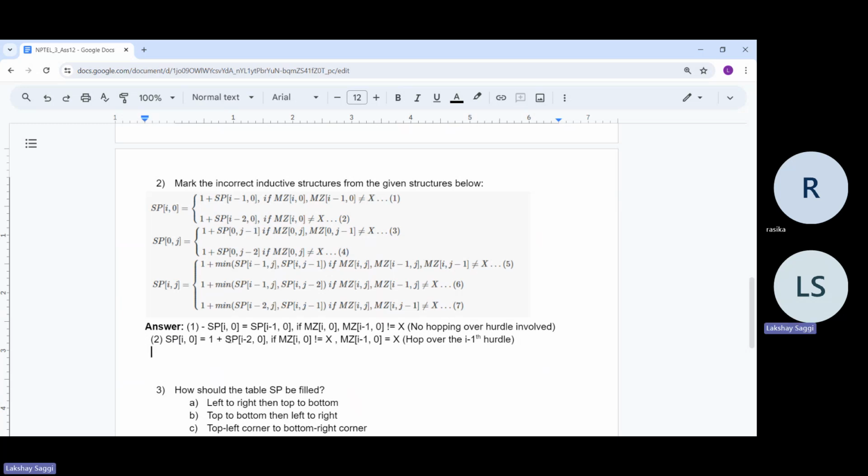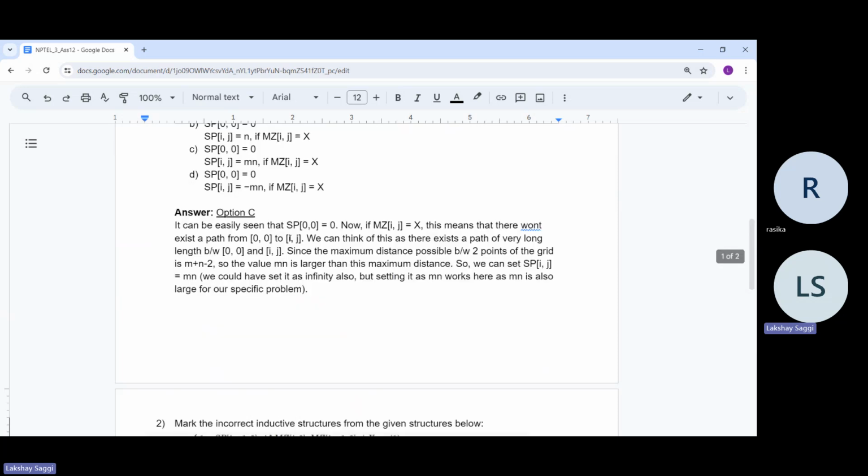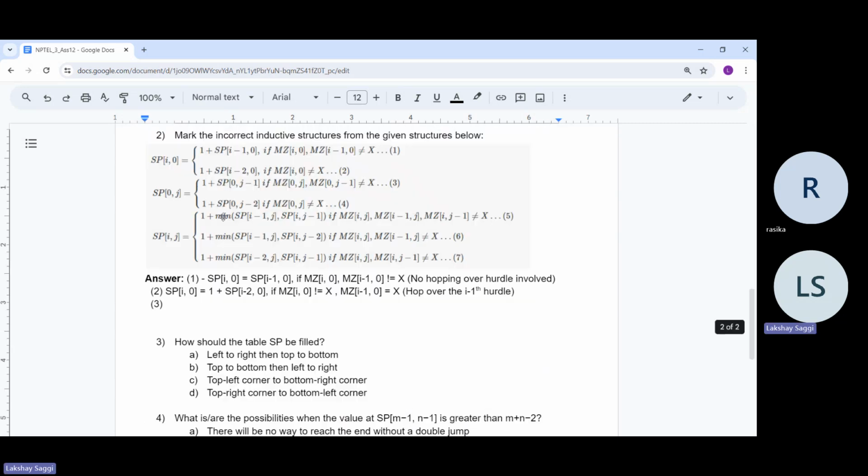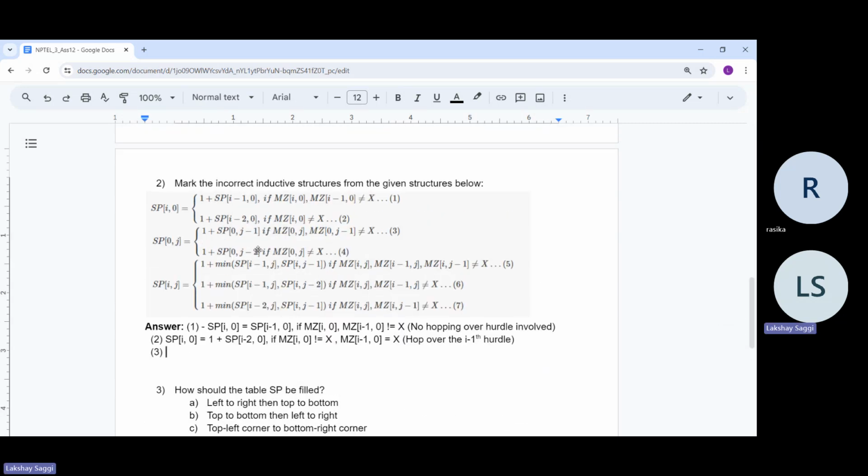So now similarly, we'll move to the third one. So third is again going to SP(0, j). So it will be similar. So we want to go from (0, 0) to (0, j) now. So this will again be similar to the ith one. So effectively, if there is a hurdle, then we'll need a hop. If there is no hurdle, then we won't need a hop.